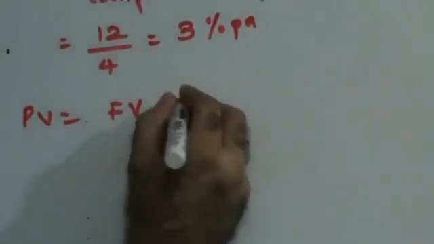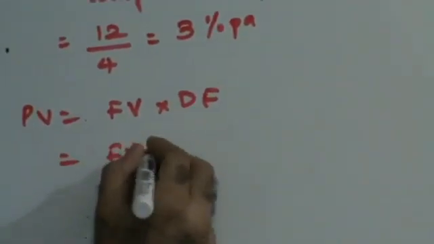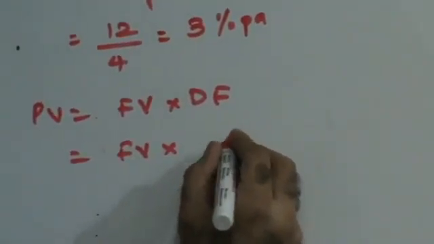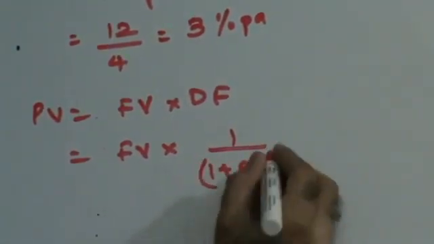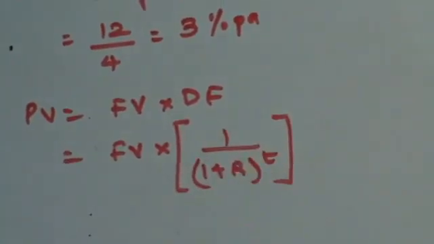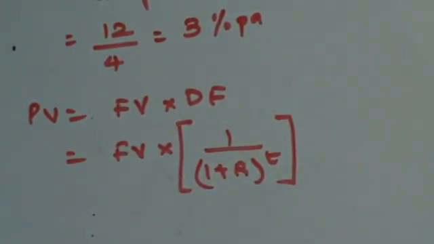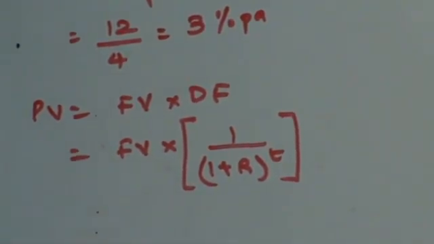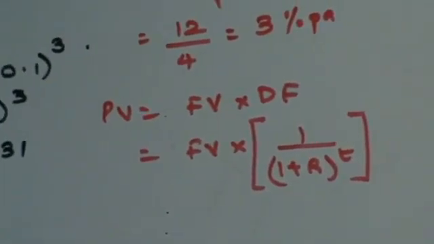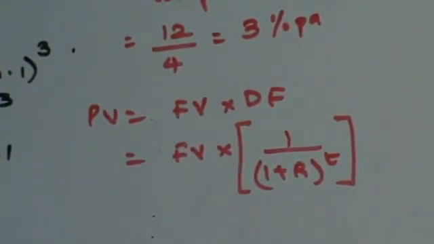Now, we already know that present value, do we have a formula for present value? Present value is nothing but future value into discounting factor. The discounting factor we've said is nothing but 1 upon 1 plus R the whole raised to T. Just like we have a future value interest factor, similarly you have a present value interest factor.